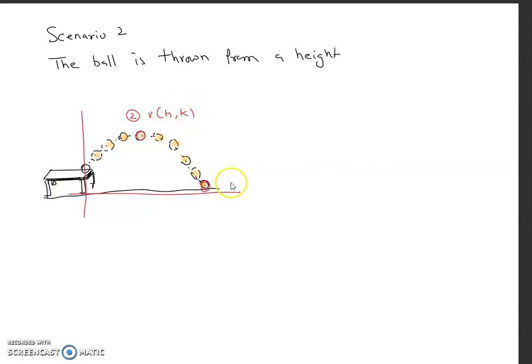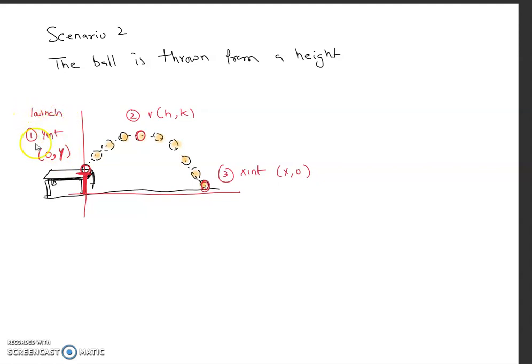The third point is still your x-intercept, which tells us when the ball comes and hits the ground. The first point is still your y-intercept, and the time is still 0, but there's going to be a certain height you launch the ball from. So this y point becomes your launch height.